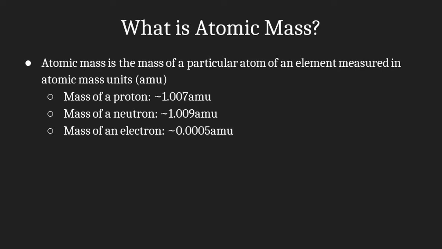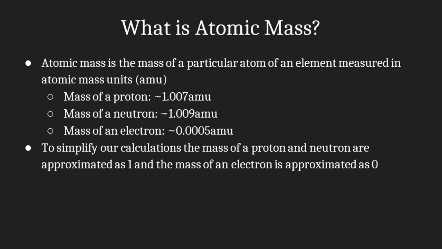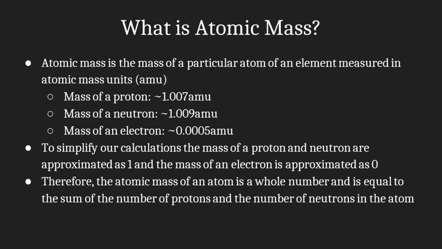So what we do to simplify our calculations is we approximate the mass of a proton and the mass of a neutron as both being 1, and then the mass of an electron as being negligible, so we approximate it as 0. Therefore, to determine the atomic mass of a singular atom, we could just sum up the number of protons and neutrons in the atom's nucleus.